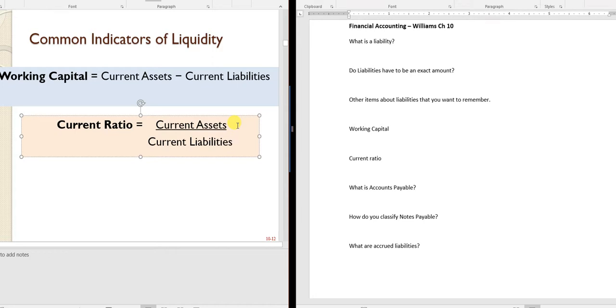I would have December 31st cash lower than my bills, but if I get some cash coming in on January 1st, then I can still pay them. So it's a quick indicator. It doesn't necessarily mean there's a problem. Just on that day, they're not liquid. So below 1, they're not liquid. Above 1, they are liquid. And it's just one of the many ratios that you look at in conjunction with one another to appraise how well a business is doing.